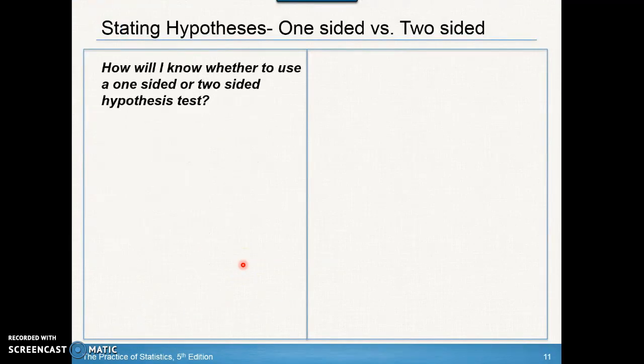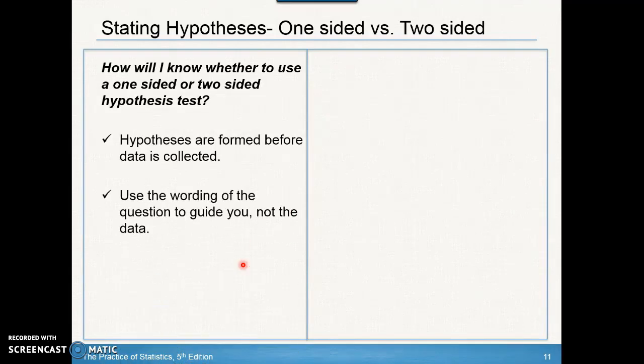Okay, so how do I know whether to use a one-sided or a two-sided hypothesis test? Just as I said before, hypotheses are formed before the data is collected. The researcher or scientist always decides what the null and alternative hypotheses are going to be before they even collect their sample mean or sample proportion.